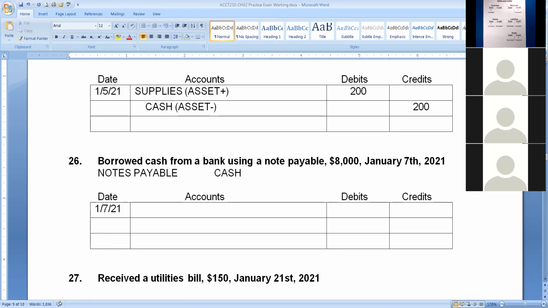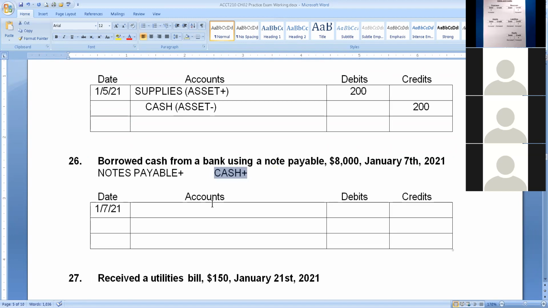Notes payable is going up or down? Up. Good. And cash? Up. Oh, good. That's one of the tougher ones. So notes payable is going up. We owe more money now. We owe 8,000 more, but they gave us $8,000 cash. So cash is going up.